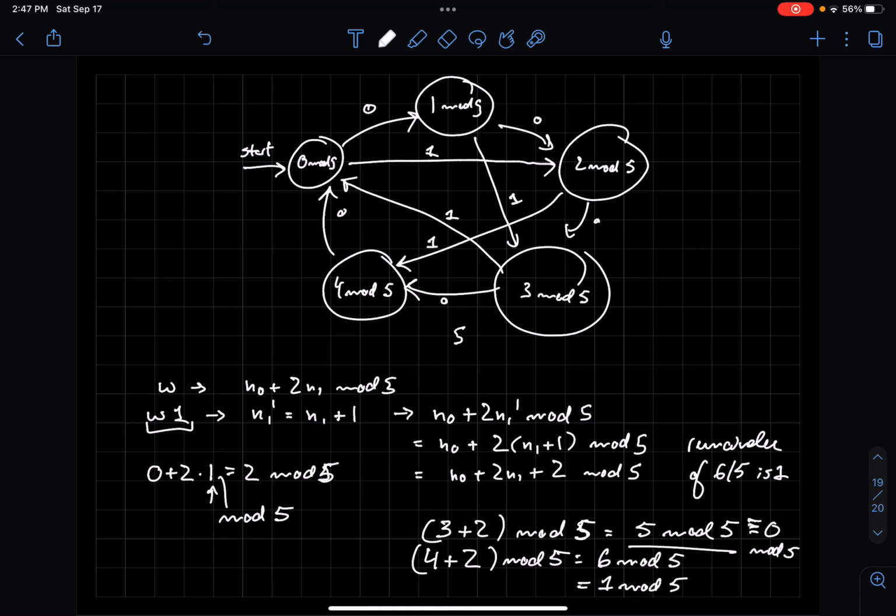From 4 mod 5, if I read a 1, I should go here. Let's try not to confuse the transitions. Great. You'll notice that this is definitely a valid DFA. For each state, I have 2 outgoing transitions, for different symbols of my alphabet, since I've assumed that my alphabet is 0, 1.